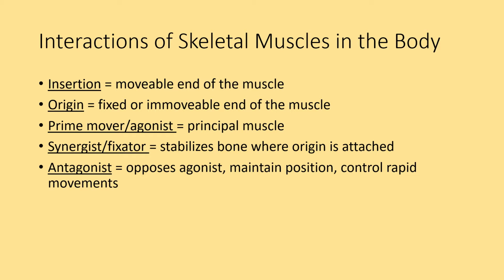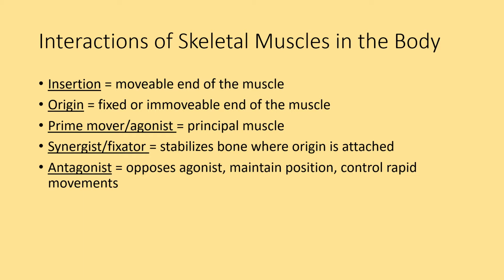Just personally, it doesn't make sense to me to memorize what is an insertion and what is the origin point. For this particular course, some of you may not really need to know that, but the bottom line is it's not going to help you if you can't tell me where the muscle is. If you can't tell me where the biceps femoris is, how is knowing the insertion and origin going to help you?